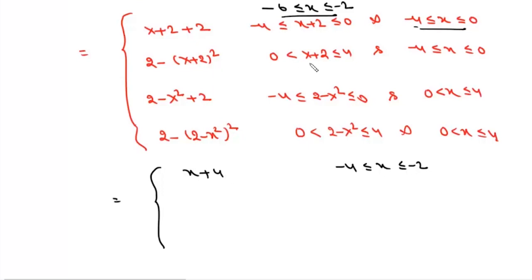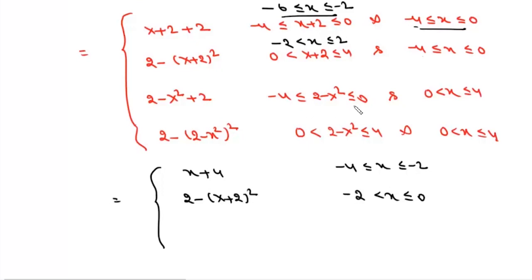Now for the second one, it will be minus 2 less than x less than 2, and here it is from minus 4 to 0. So here common between the two is from minus 2 to 0. So the next one is from minus 2 to 0, and here this definition is 2 minus (x plus 2) whole square.